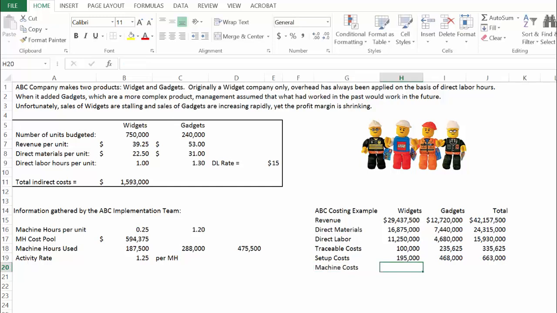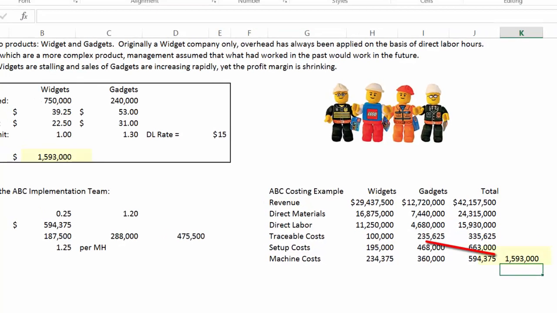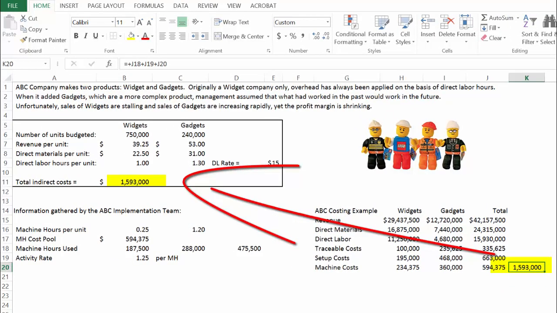We're going to take the number of hours that we use for widgets times that predetermined overhead rate, and the number of hours we used for gadgets times that predetermined overhead rate, and then we can sum those. Now I think we're done with our overhead, but let's just make sure that it actually totals up. So I'm just going to add these three numbers together real fast, and you can see that the $1,593,000, we have accounted for all of our overhead.